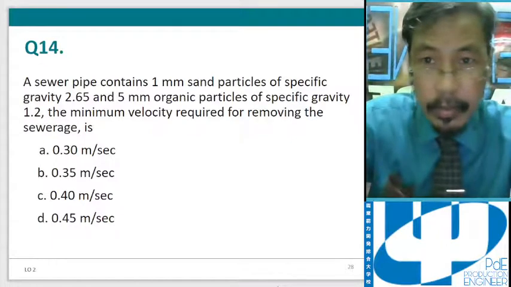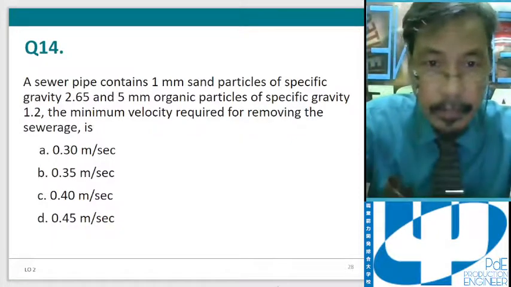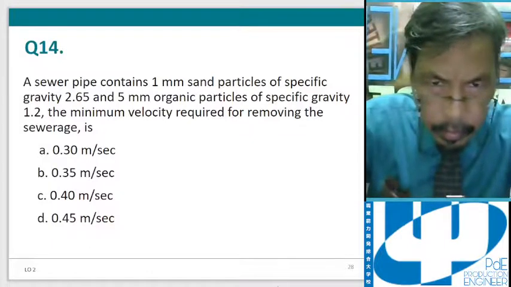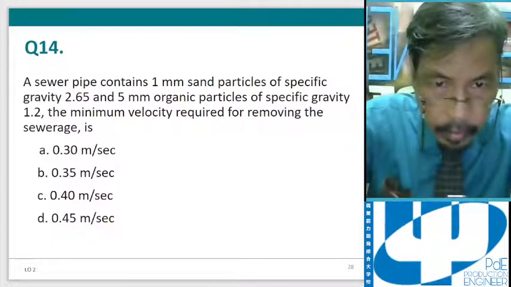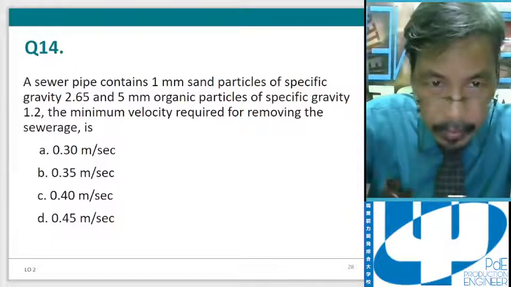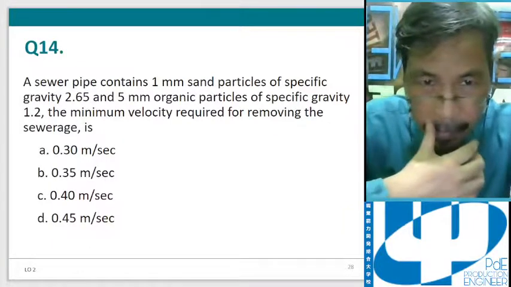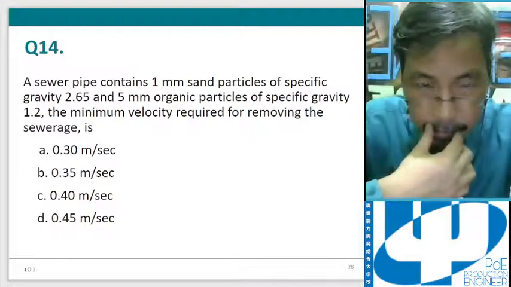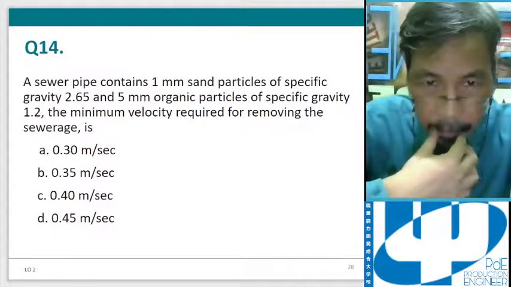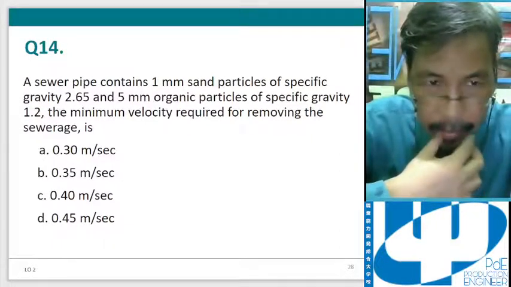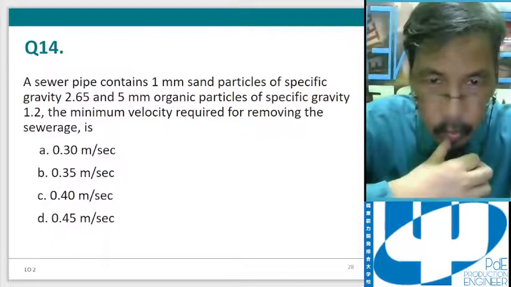Minimum velocity required. Okay, so it depends upon the specific gravity, which is 2.65, and the 5 mm particles with another specific gravity 1.2.